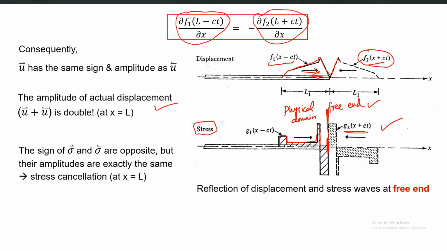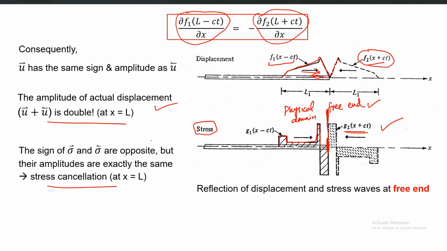So the signs of the approaching sigma and reflecting sigma are opposite, but their amplitudes are exactly the same, so stress will be cancelled out. The displacement will be doubled at x equal to L. This is to confirm or check it with that video which you have seen. For the free end case, the reflecting wave was not changing its direction.